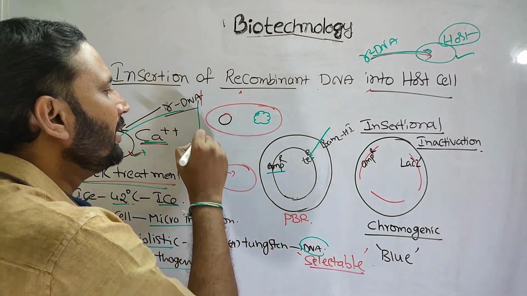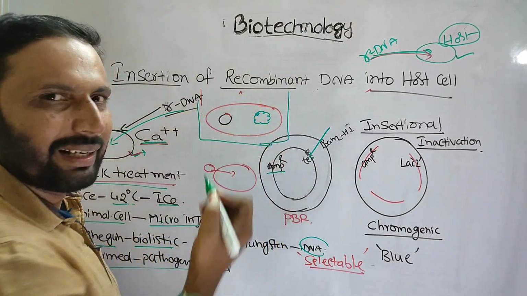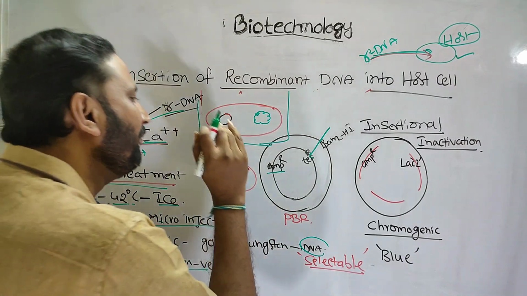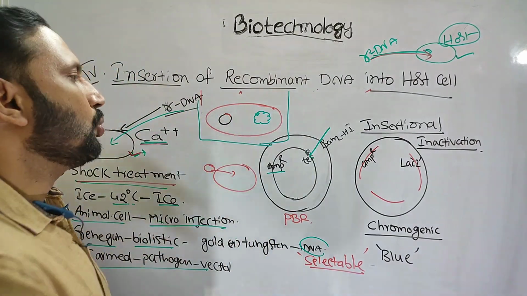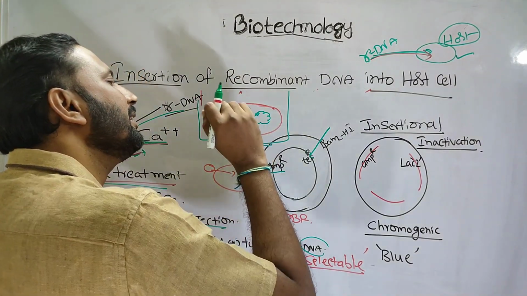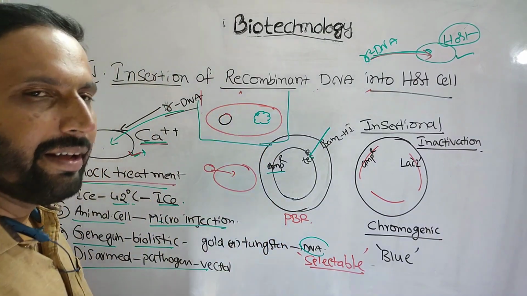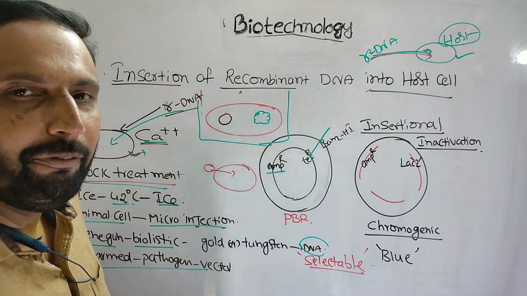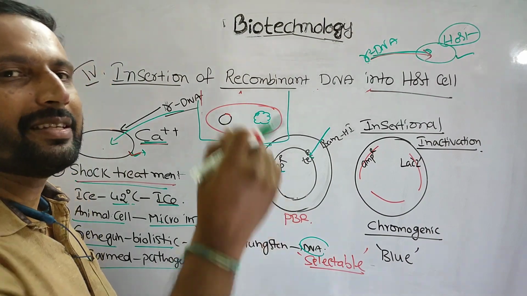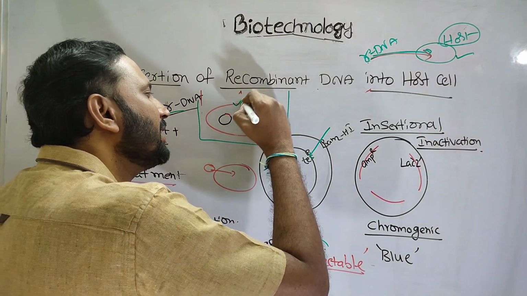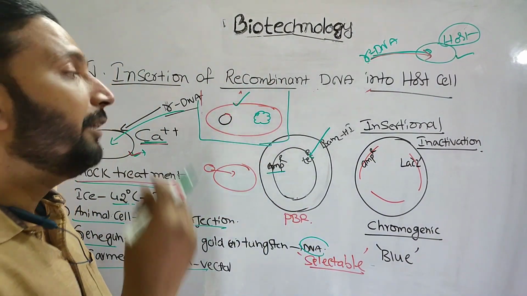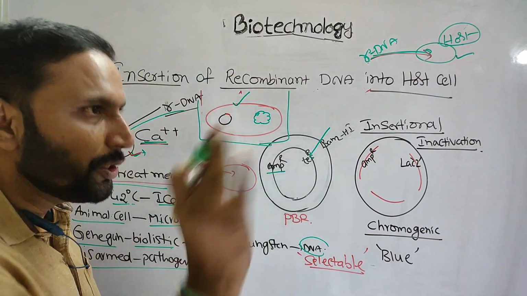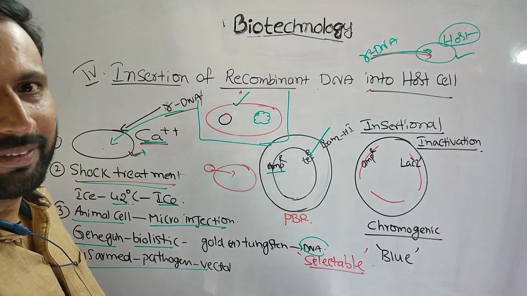It means these bacterial cells are cultured in ampicillin medium. These bacterial cells have recombinant DNA with the ampicillin resistance gene, so these transformed cells can survive. Other bacterial cells cannot survive.